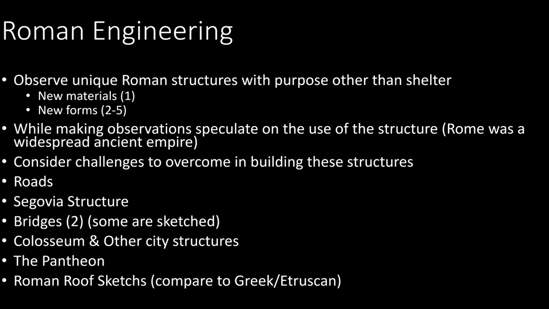Now, the last thing we'll be looking at is a sketch of some Roman wooden roofs made by an architect by the name of Vitruvius. Vitruvius was a Roman architect, and he designed a lot of these Roman structures, and I think one of the sketches he makes shows the ways in which the Roman roofs were similar to Greek and Etruscan roofs, but there is one minor change.